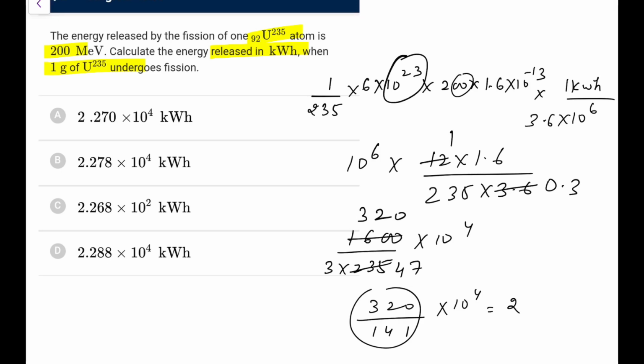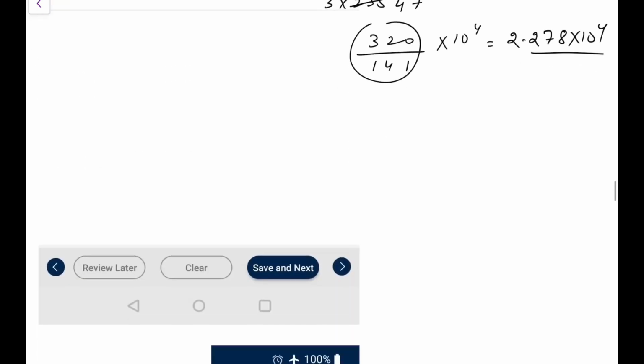Now you are left with 380, which will again give you 2. This is 282, this is 98, 980 will give you 7. It will still be 14840, which will still leave something remaining, so it would be 2.278 into 10 to the power 4. I can go for B only, so it's a calculative one.